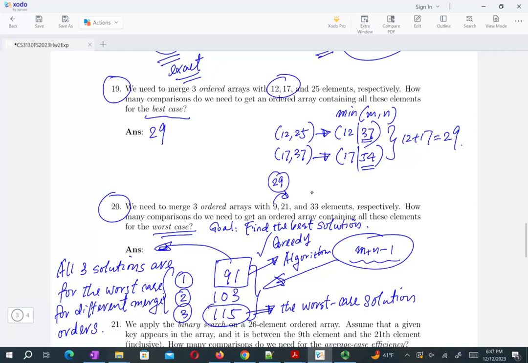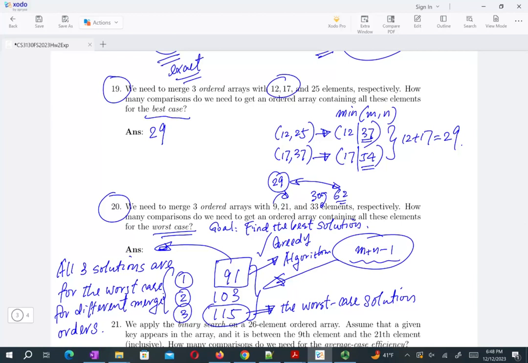But after that, you get 30 elements. Then you merge these two, 62 comparisons. You add that to the 29, so you get 91, and here you apply the greedy strategy.